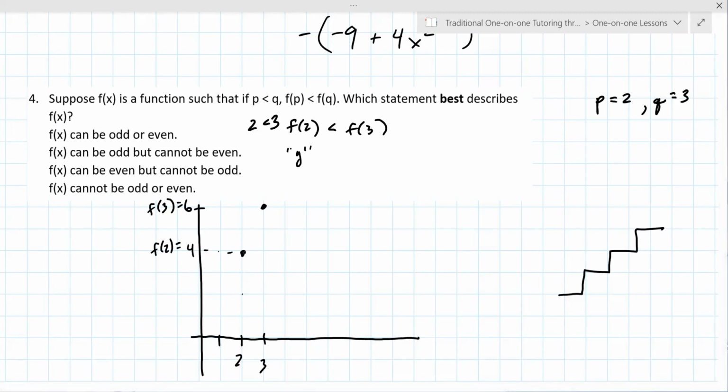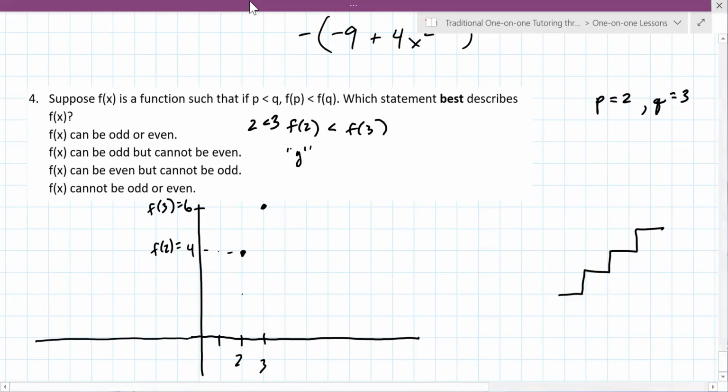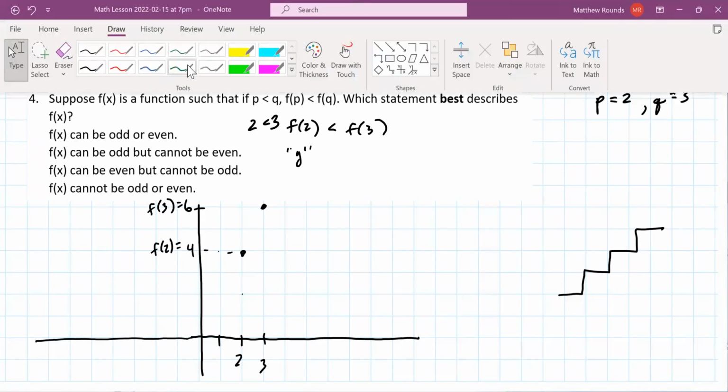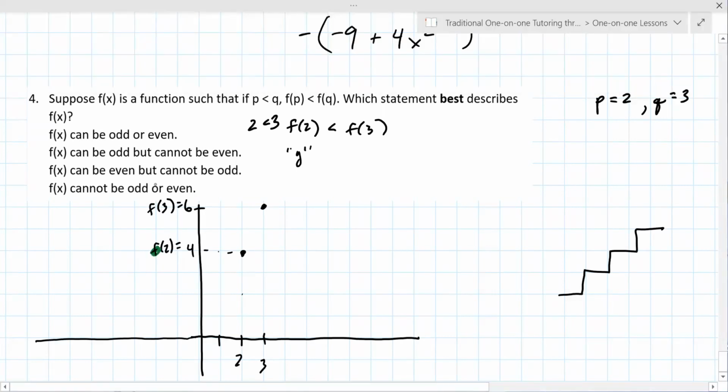One possibility is that these points are mirrored over in the other quadrant, and I'll do that in red. We don't know, but it's possible that this is here and this is here.